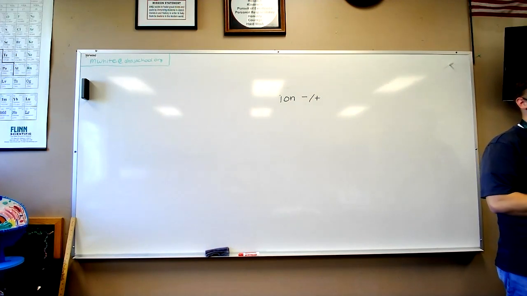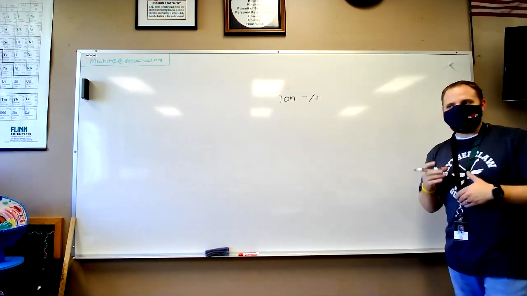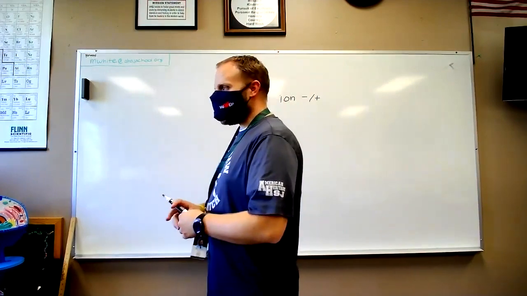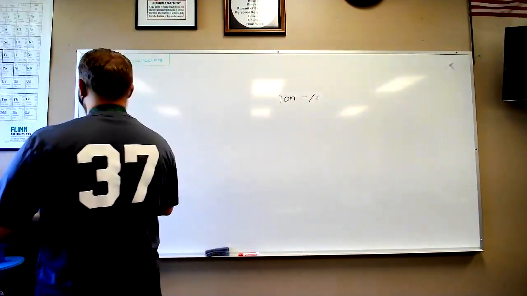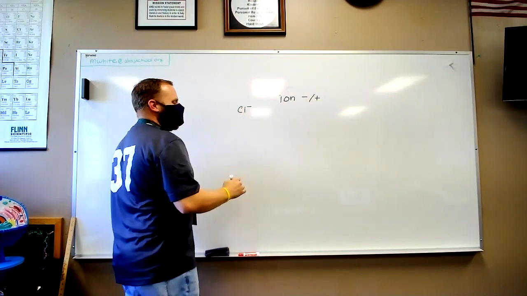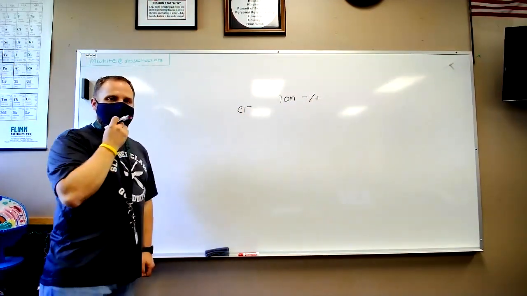You'd add 1, right? So chlorine is most likely going to add 1 electron. So the most likely ion that we get of chlorine is a negative ion because we've added 1 electron.